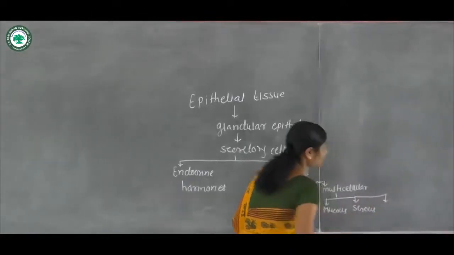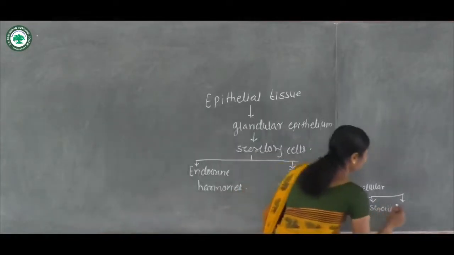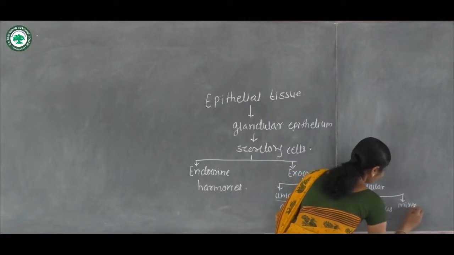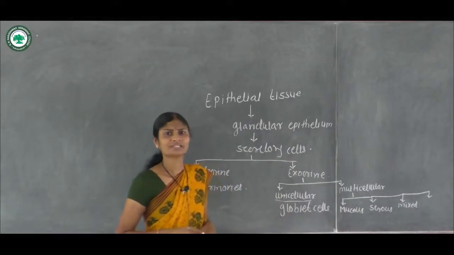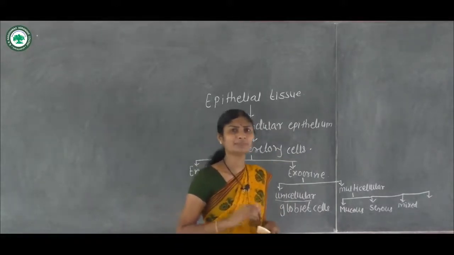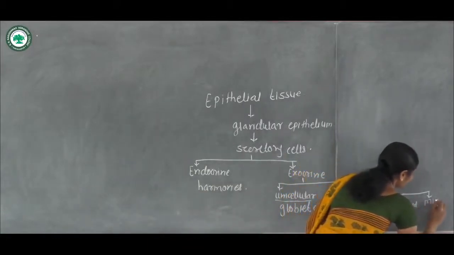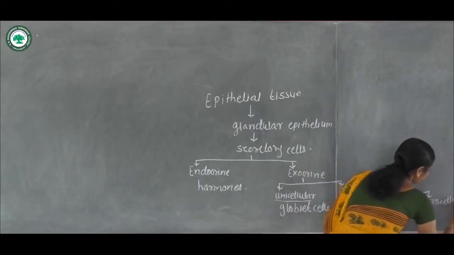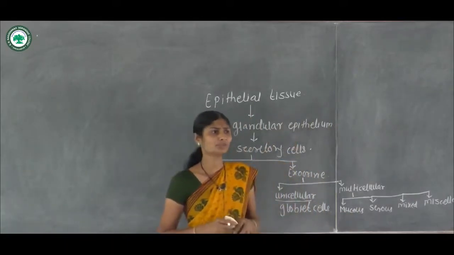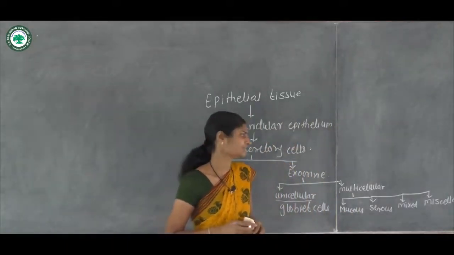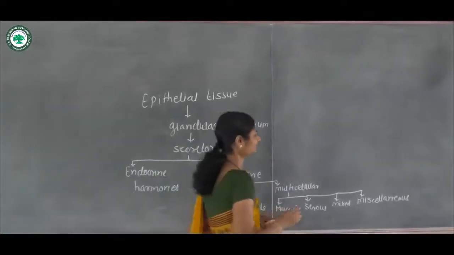These serous glands secrete watery secretion. Third is mixed type of gland, where mucus and watery secretion are both secreted. Fourth one is mucilaginous gland. In this gland the secretion is neither mucus nor watery, but different types of secretion are present.